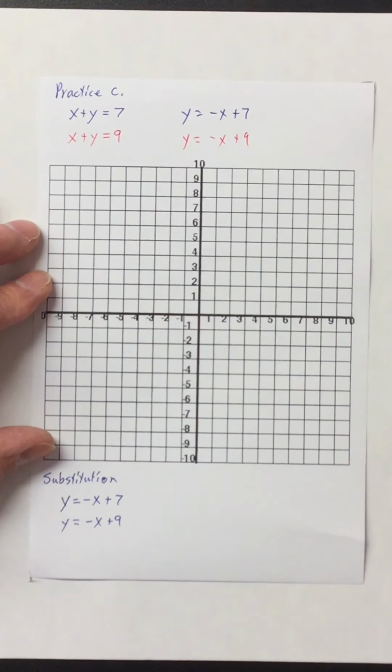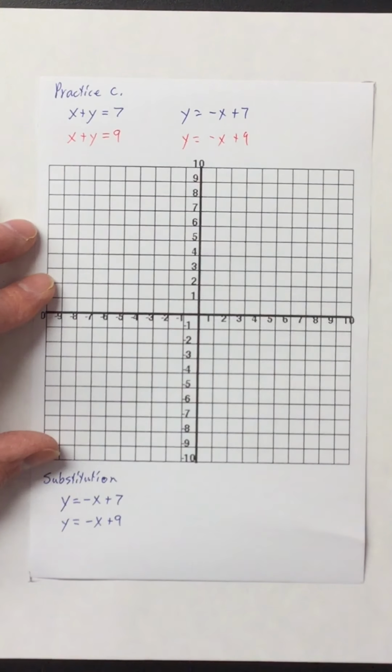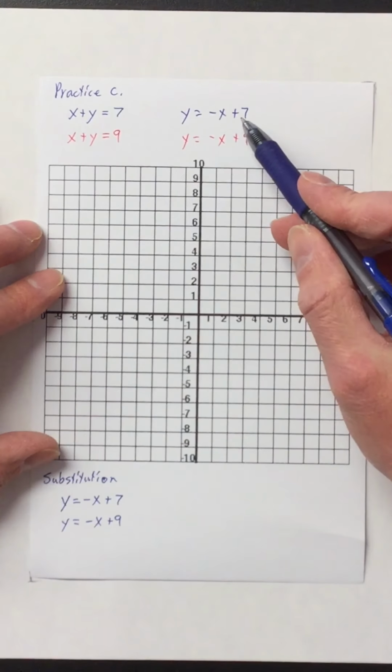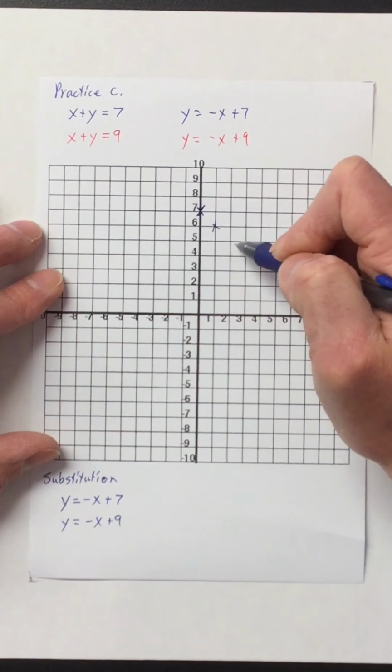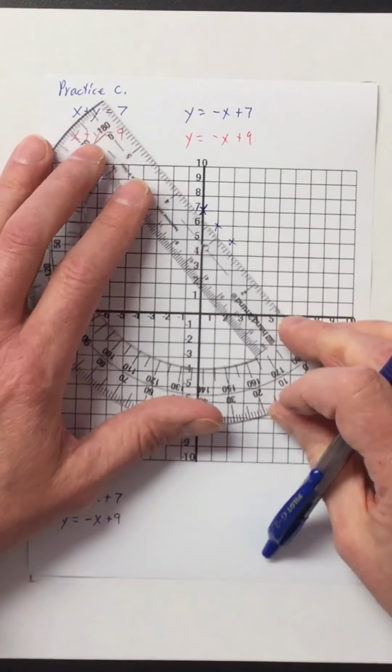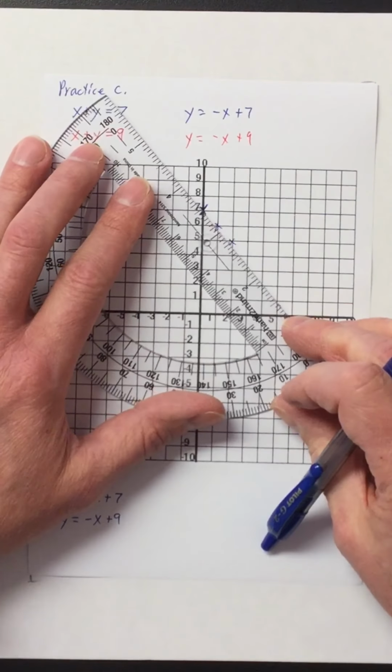Inconsistent equations are two lines that run parallel to each other and never cross. Let's graph this just to show that by graphing. Our intercept for this one is plus 7 right there. It's a negative slope, 1 over 1. So it goes like that. And I'll draw that line in there.